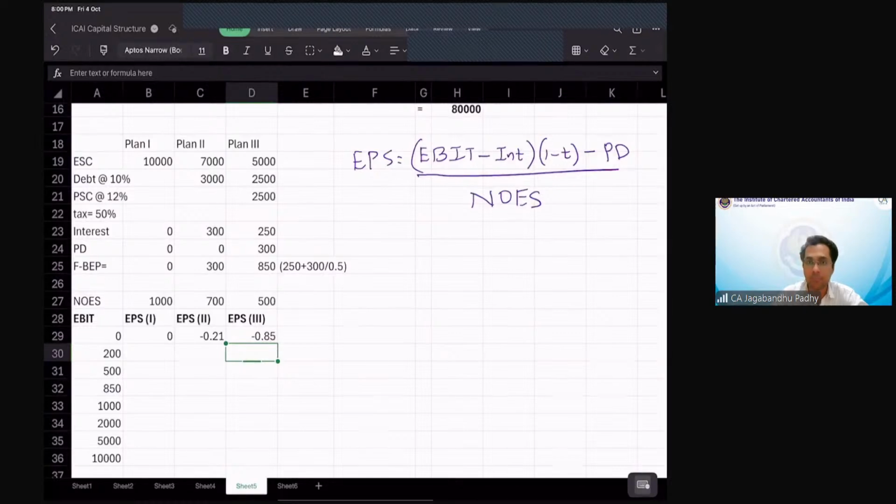Yes, sir. In that EPS formula, can I say that any amount greater than my financial break-even EBIT, into 1 minus T, divided by number of shares, is equal to EPS per share?